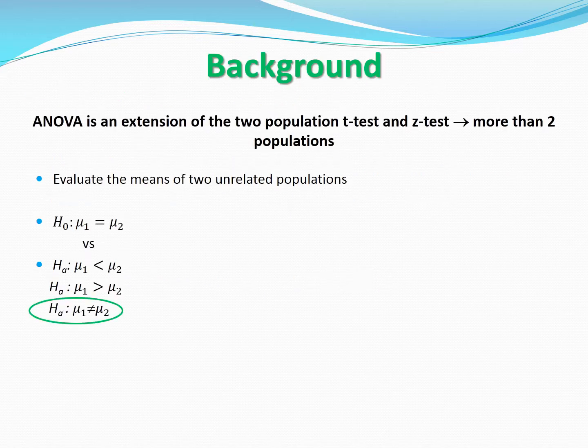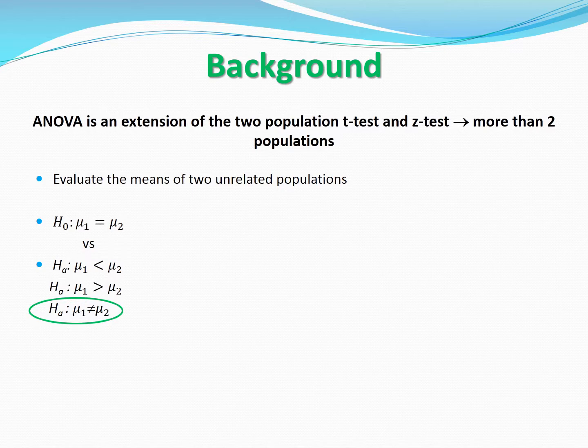If we look at the background of ANOVA, it's simply an extension of the 2 population t-test and z-test that we did in chapter 11, but now we are going to test 3 or more population means with each other. If we just go back to chapter 11 quickly, where we tested 2 population means, the null hypothesis and the alternative hypothesis were specified in a specific way.